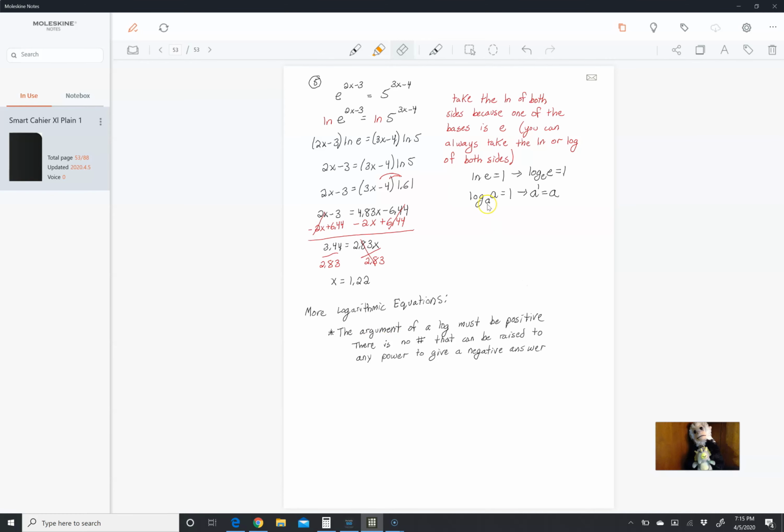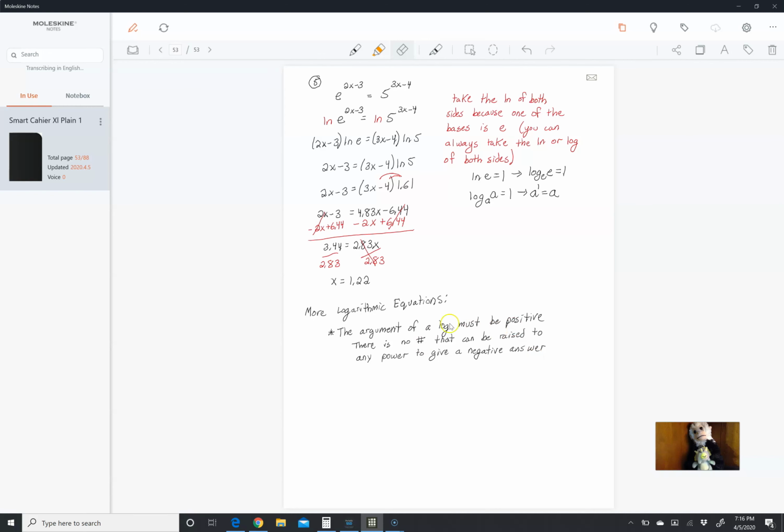With logs, we're saying a to what power is a. If we had a log base a of b, we're saying a to what power is b, and we're saying b can never be negative. So this is something that we have to check for. We've talked about extraneous solutions in radical equations, and I think in other equations as well.